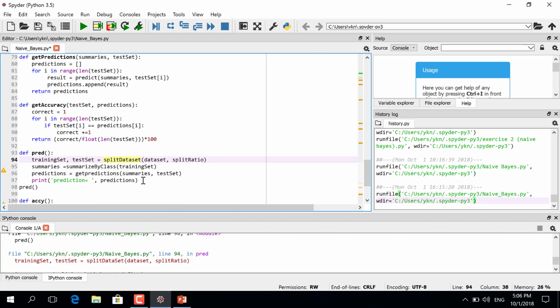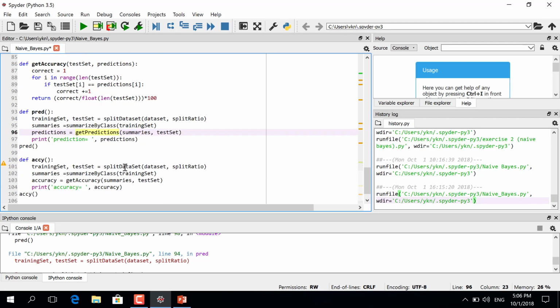All right, so what is get prediction? You have to be careful in Python that the difference between capital and non-capital letters really matters, same as if you want to code in C or C++, or even maybe Java. I hope we don't have any more. Okay, we still have split dataset. We should not use capital S here.